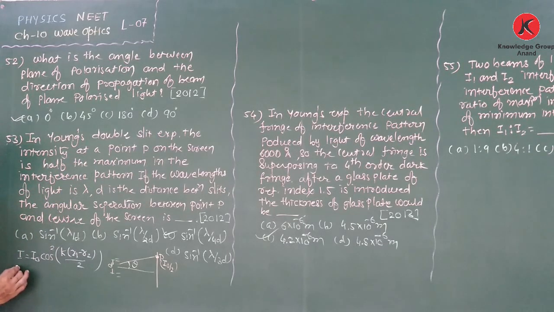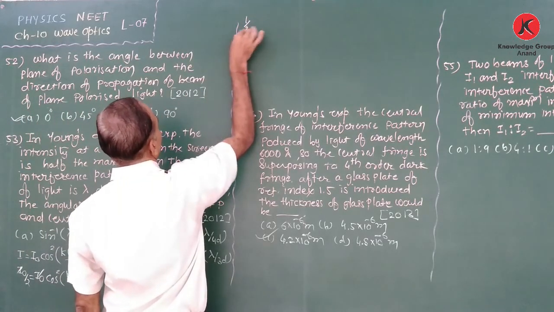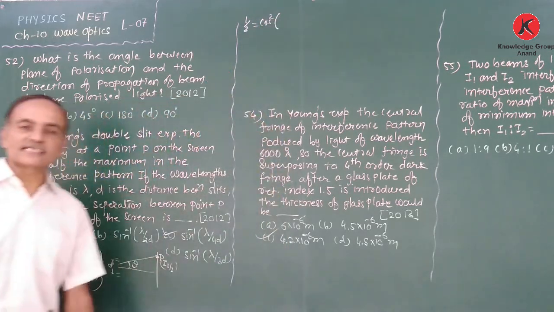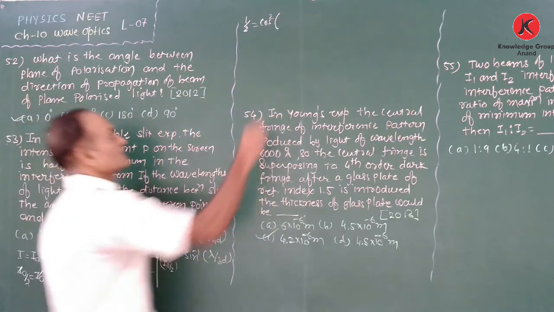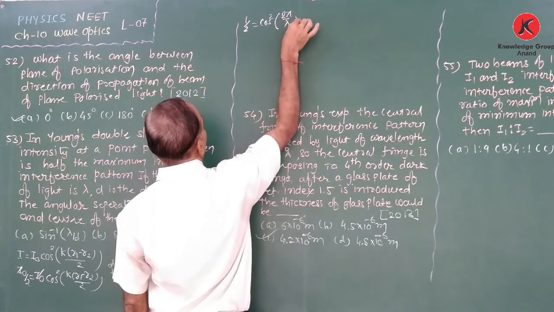Therefore, I0 by 2 is equal to I0 cos square k into R1 minus R2 by 2. I0 cancels, so 1 by 2 is equal to cos square. Now listen, k is equal to 2 pi upon lambda, so we substitute 2 pi upon lambda.